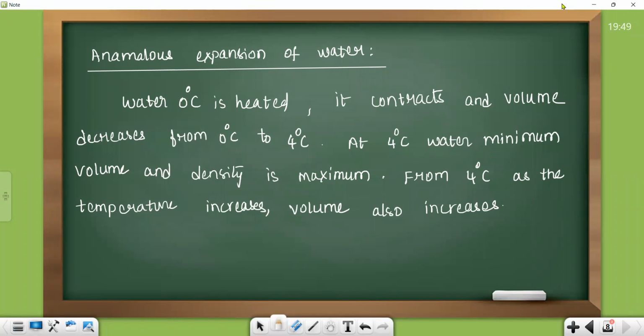When water at 0 is heated, it contracts and volume decreases from 0 to 4 degrees Celsius, and then it increases as the temperature is increasing.